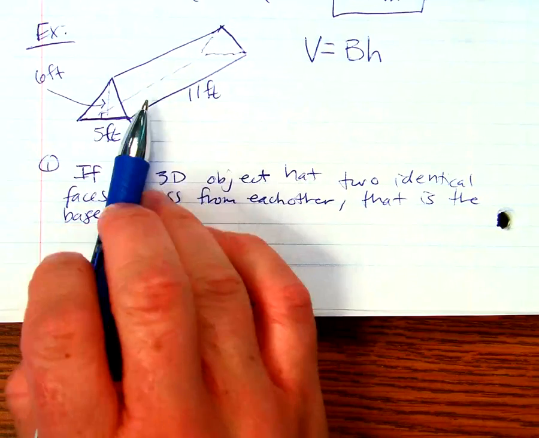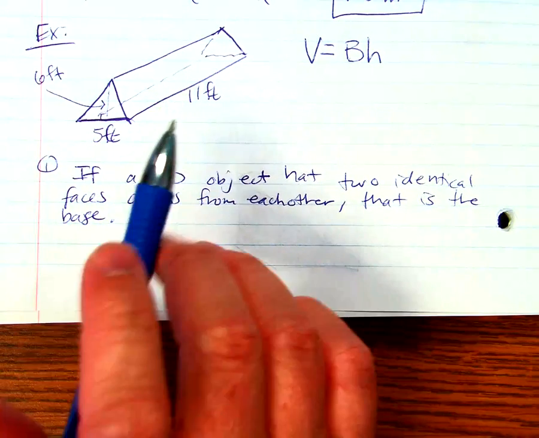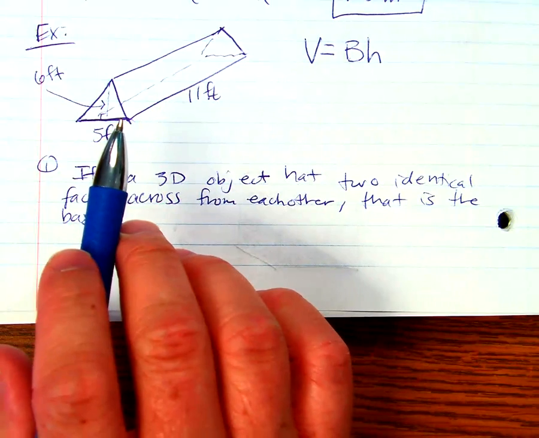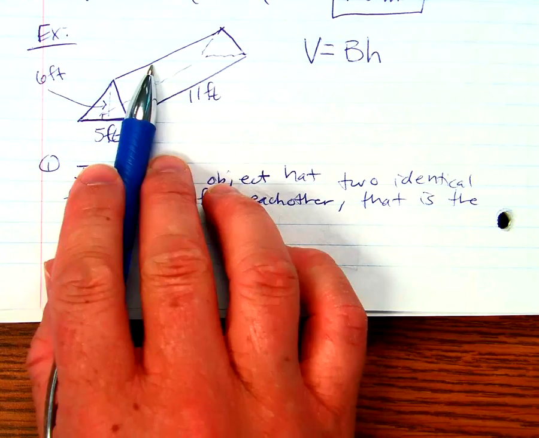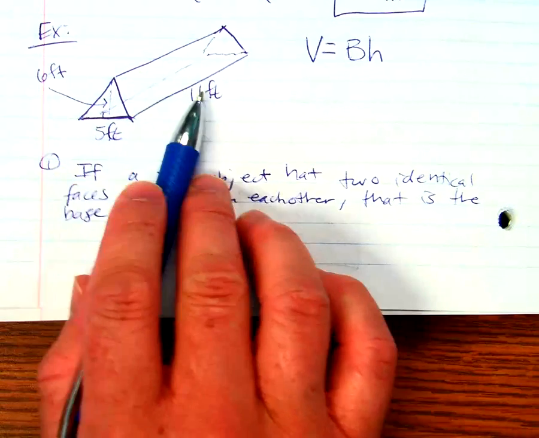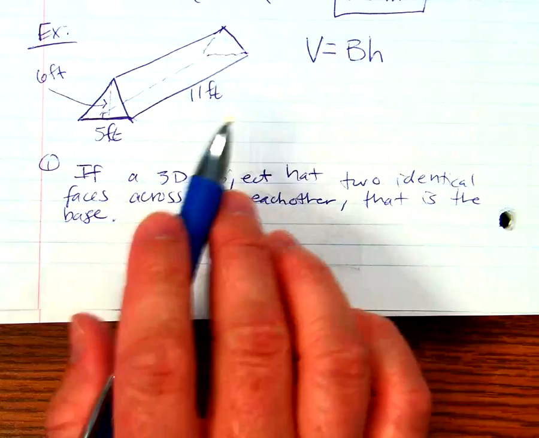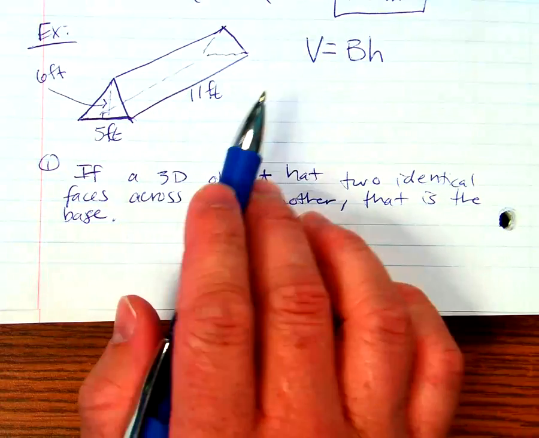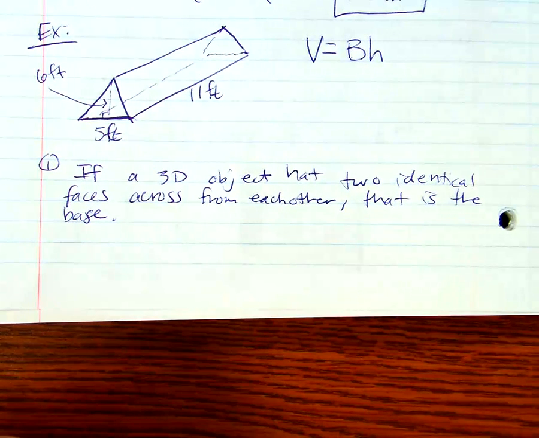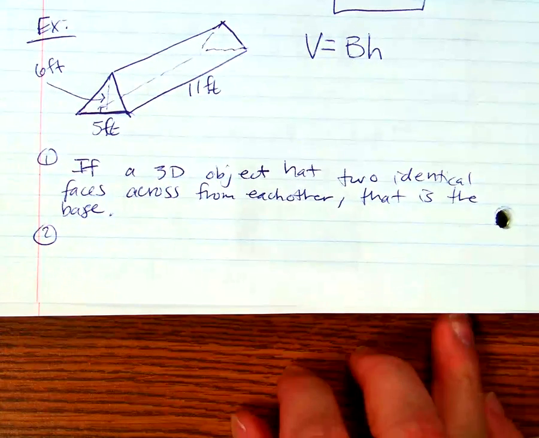The rectangles that we have on the bottom and the left and the right don't count as being across from each other because they all touch. The left and the right touch along the top. The bottom touches each side on the bottom edges, but these two triangles never touch each other. They are across from one another. Those are your bases.